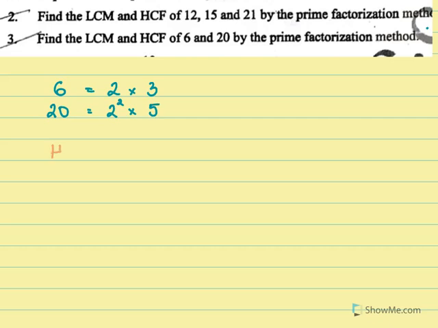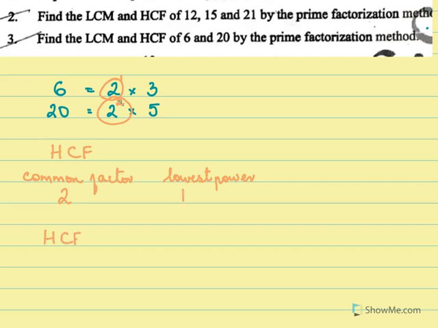To find HCF, I have to find common factors which are common, and the lowest power. So you see the common factor is 2, it's there in both. The lowest power here is 2 raised to 1, this is 2 raised to 2. So the lowest power is 1.